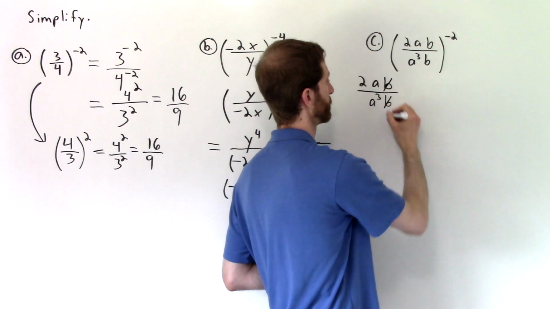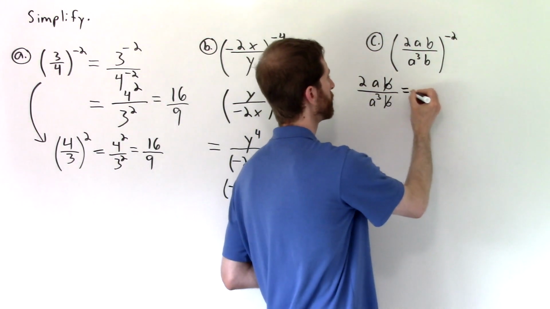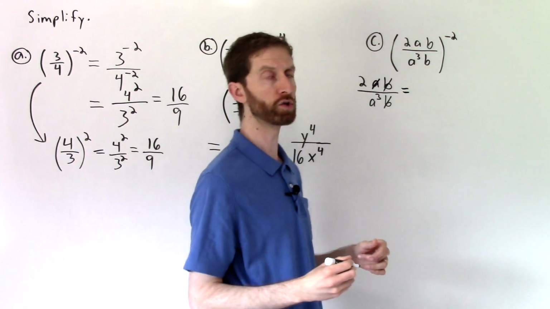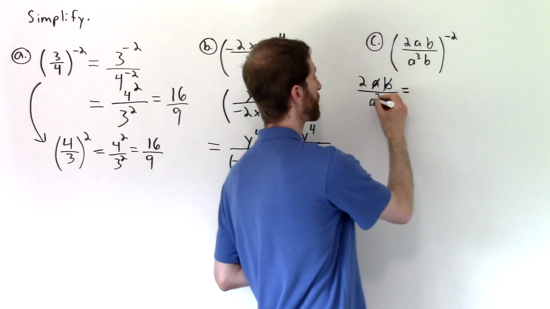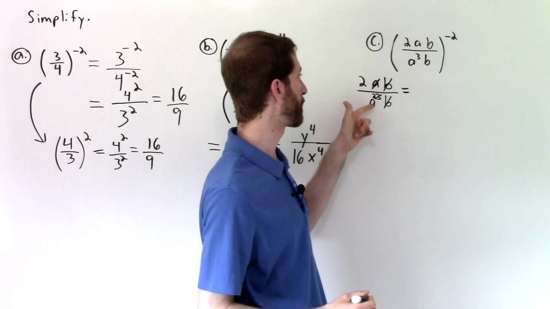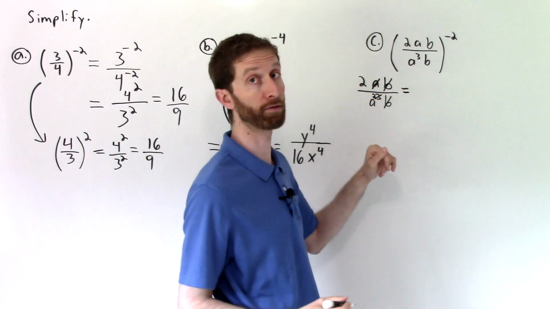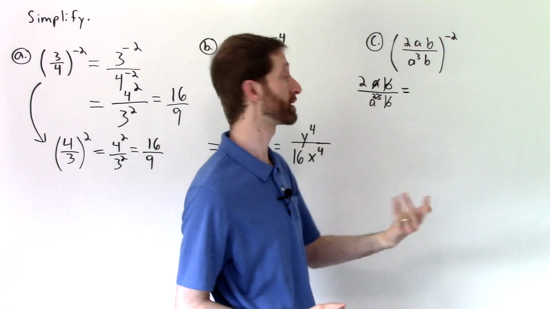That's kind of nice, right? B divided by b is 1. And a over a cubed is going to leave me with no more a's in the numerator and 1 less a in the denominator. Because remember, when you divide powers, you subtract exponents, that would be a to the 1 over a to the 3, leaving you with 2 a's in the denominator.